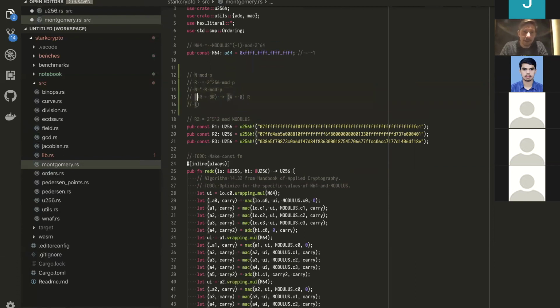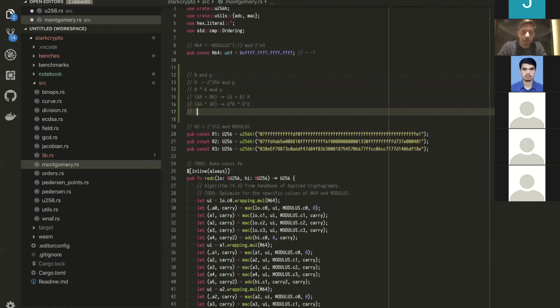And if we multiply two of these numbers, we'll end up with a result that is a times b times r squared. And this is the reason why we multiply, because there is actually a nice, cute little trick that computes e times f divided by 2 to the power 256 mod p.